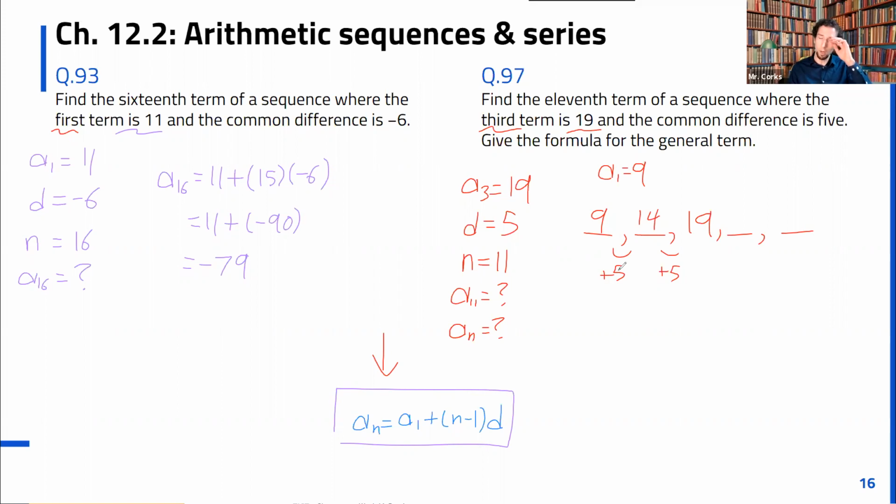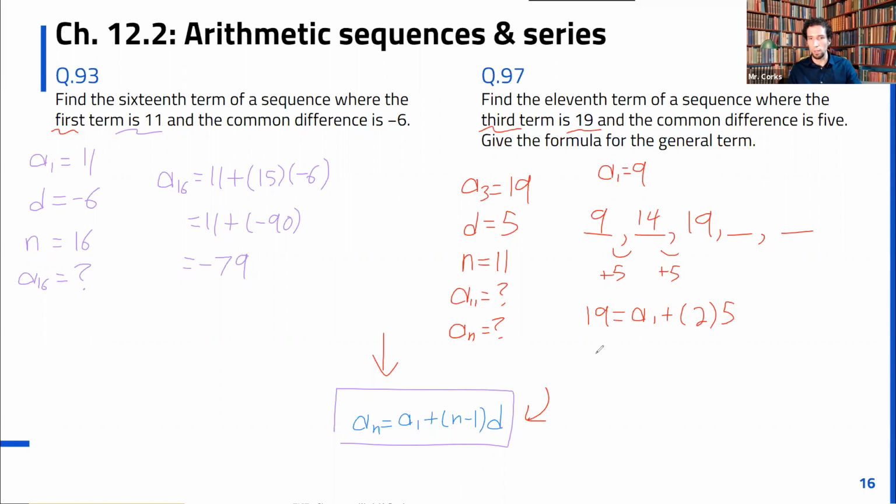Or we can just use this formula down here, sort of use it twice. First for A3. A3 is 19, so therefore 19 is equal to mystery A1 plus n, which for A3 is 3. So 3 minus 1 gives us 2, and then our d value is 5.